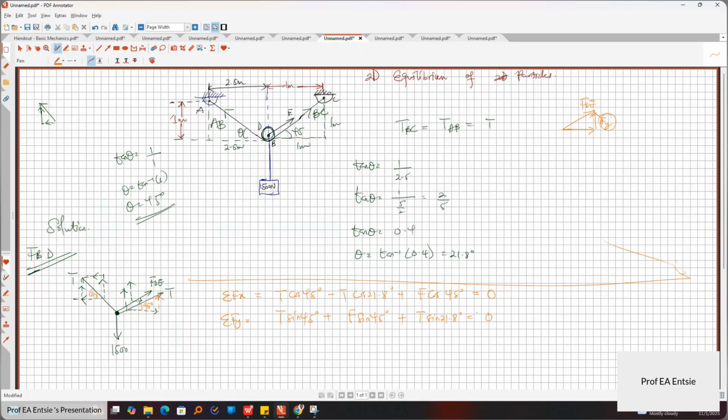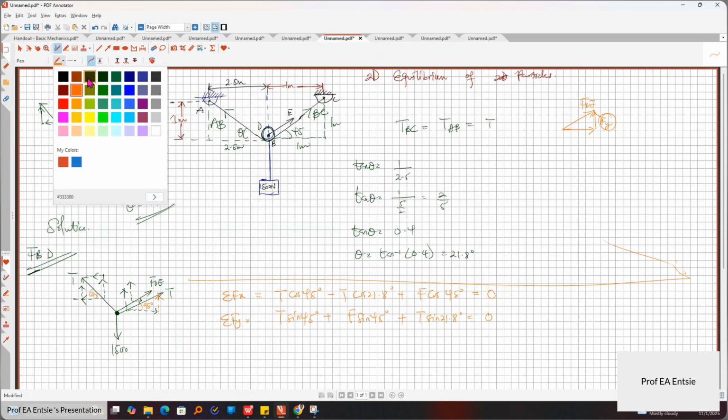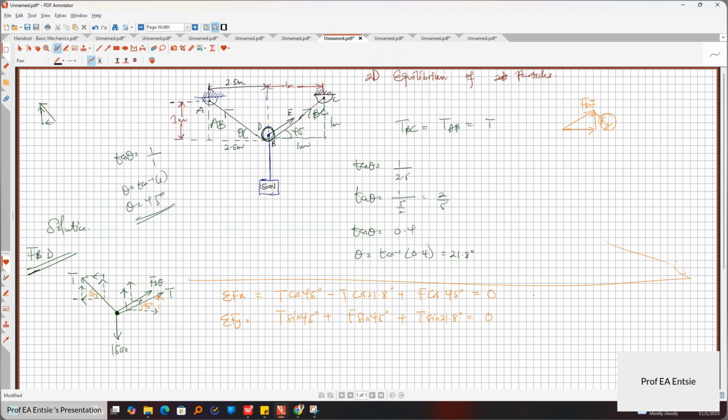So now we solve these two simultaneously. This is equation one, this is equation two.